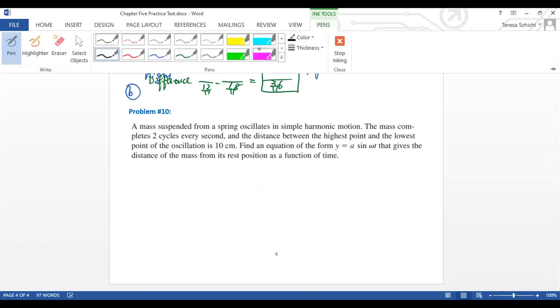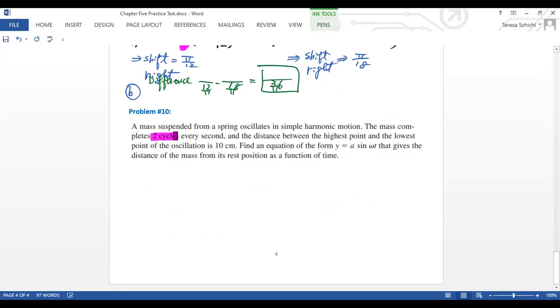This is the key thing we need to highlight: 2 cycles per second. And the distance between the highest point and the lowest point of oscillation is 10 centimeters.